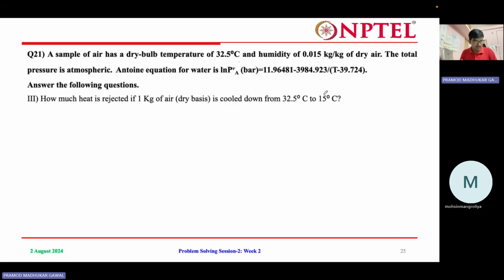So here you have to use the Antoine equations. So first calculate the vapor pressures at 15 degrees Celsius, right? Then we can calculate the saturation humidity.